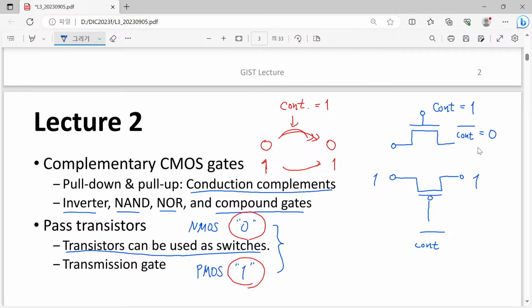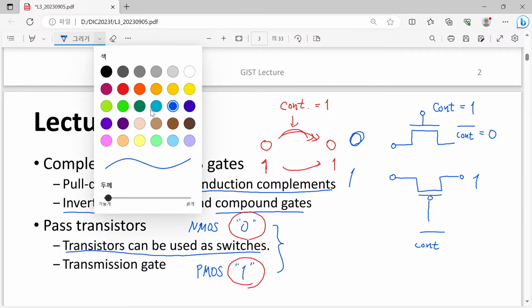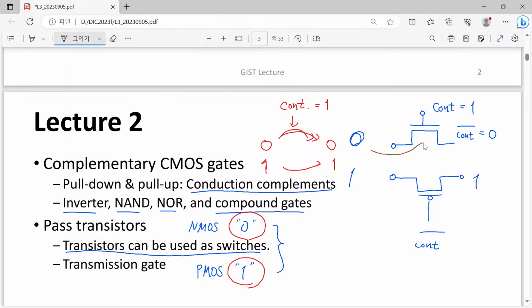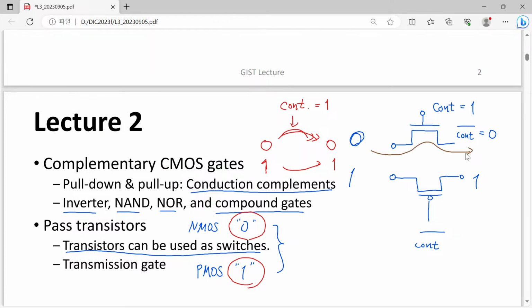So are you with me? Think about two cases: input 1 and input 0. In the input 0 case, this path becomes activated.